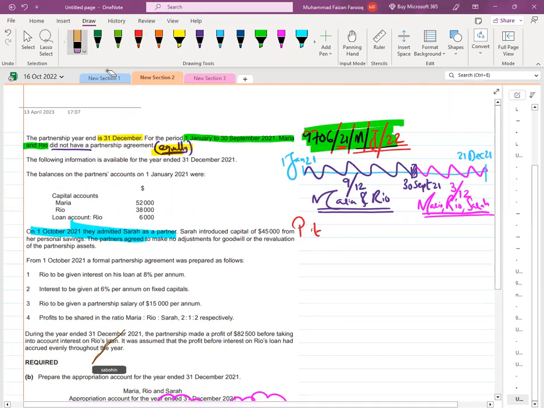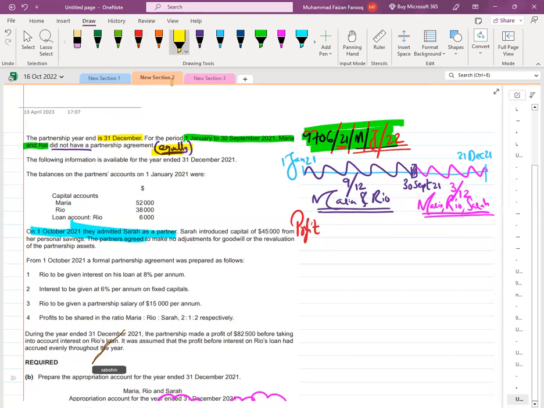First of all, we are taking the basic item, which is the profit. How much is the profit for the year? As we already read the question, the profit for the year is 82,500 before taking interest on loan by Rio.